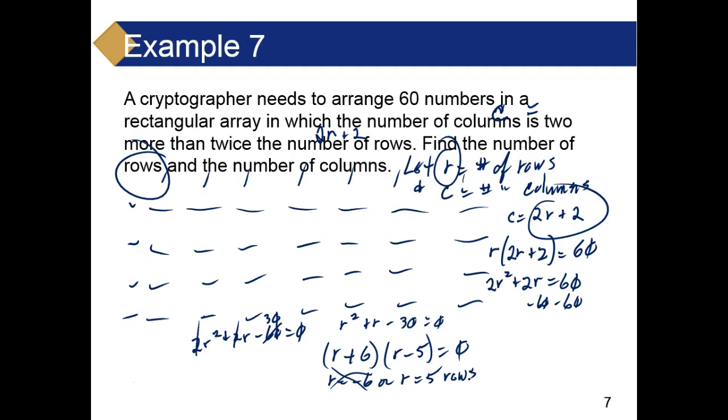Okay? Now we have to figure out the number of columns. Plug it in right here. C is equal to 2 times 5 plus 2. That's equal to 12. 12 columns. Okay? And that's a good way to check.